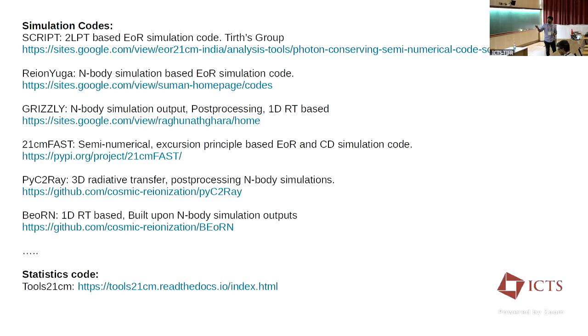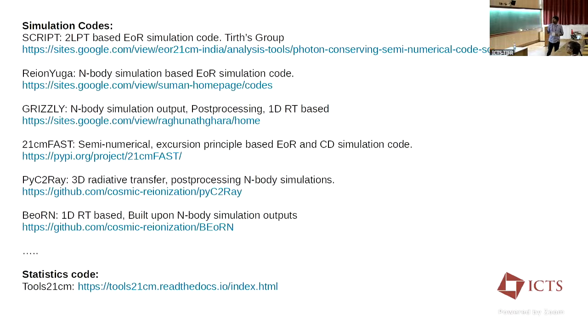There is also a semi-numerical code written by Tirth's group, and you can discuss the details of this code with Tirth, who is here. Anyway, this is a 2LPT based reionization simulation code available, so you can visit and download it. This is also fast, very comparable to codes like 21cmFAST, although this doesn't include the spin temperature fluctuation. They are working on it. Hopefully that will be added soon.